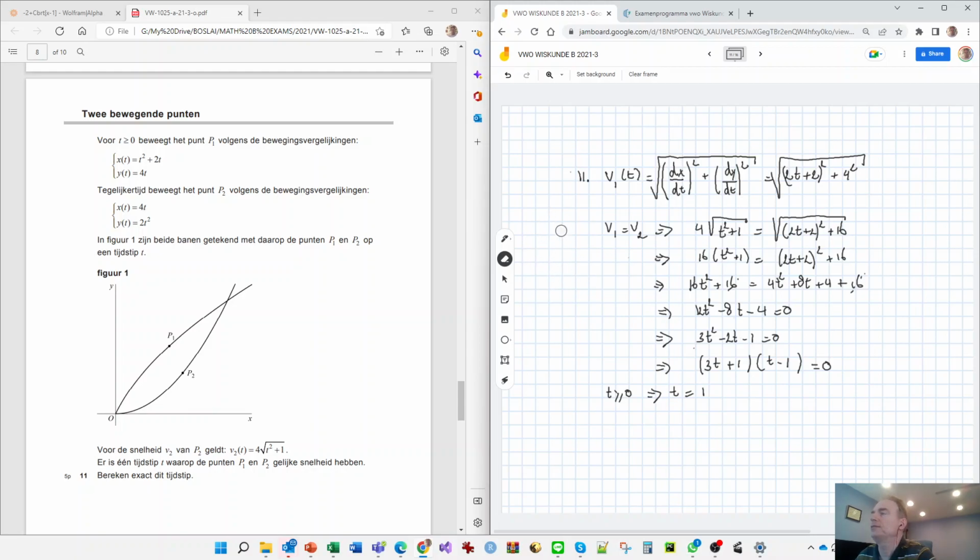Well, the speed of a parametric function is calculated by taking the square root of the derivative of x over t squared plus the derivative of y squared.